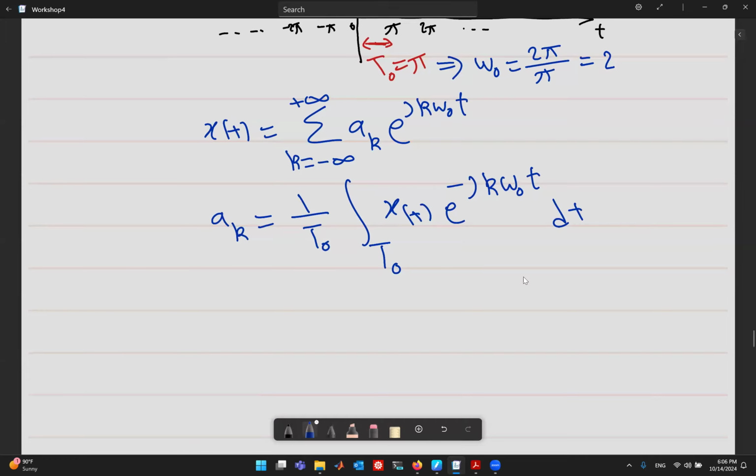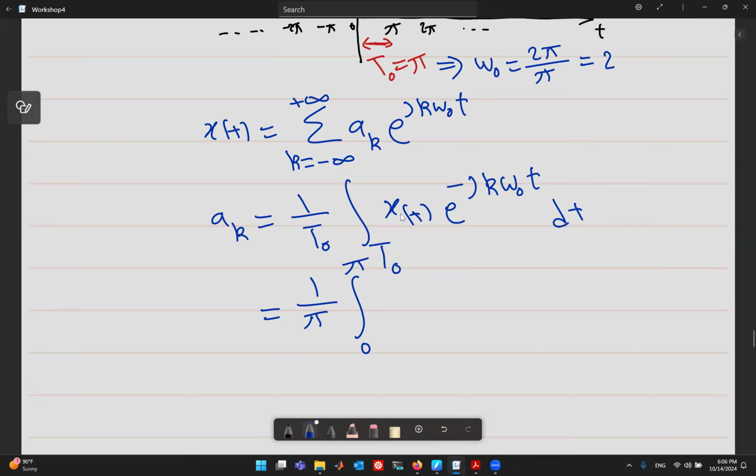If we substitute omega naught and T naught here, we get 1 divided by pi, and the integration, let's do it from 0 to pi, spanning 1 period of the signal.